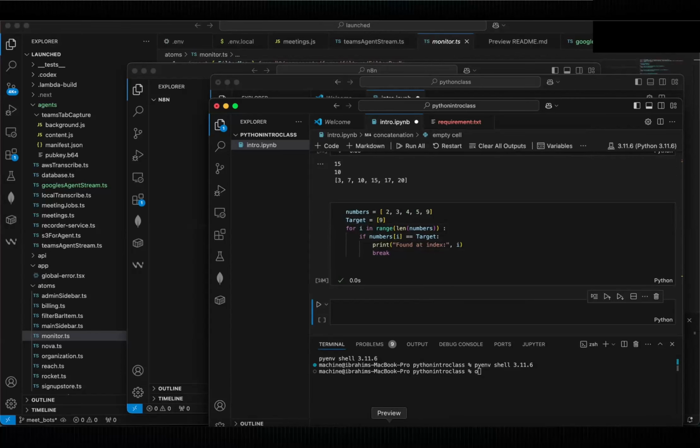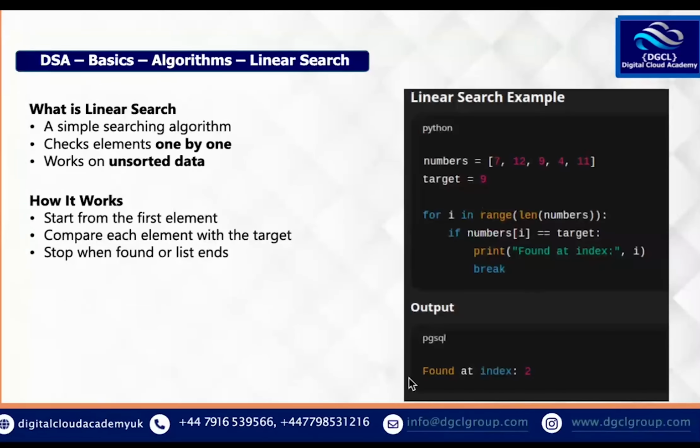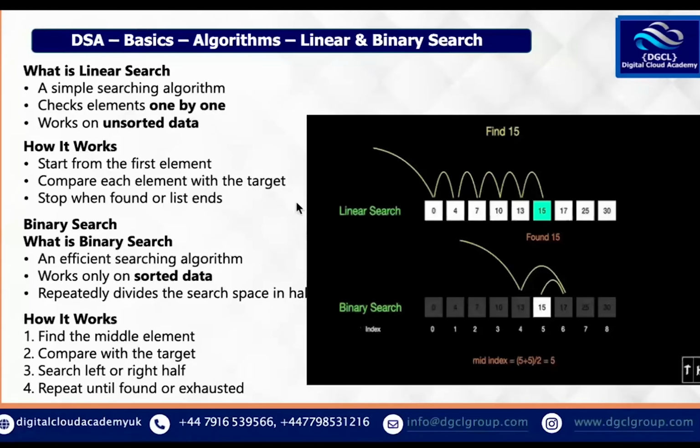If there is any mistake here, it will actually show where the mistake is. I don't know why it's not showing this. Normally it should give us the index of this 9. I don't know why it's not, but I will see to it.